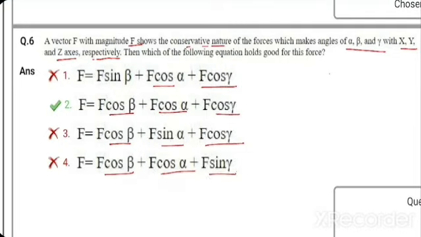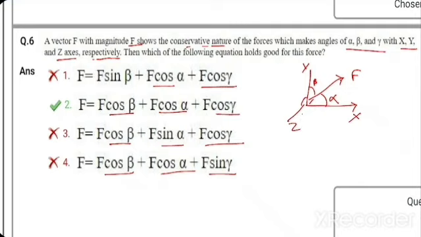So here alpha, beta, gamma are the angles with the x, y and z axis respectively. Suppose this is a vector F. It is making an angle alpha with the x axis, angle beta with the y axis, and angle gamma with the z axis.